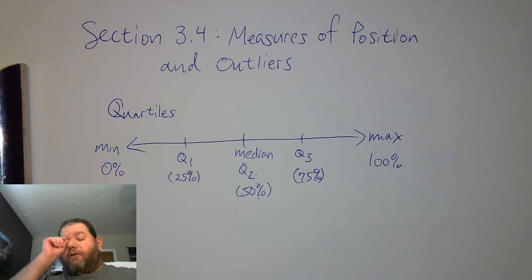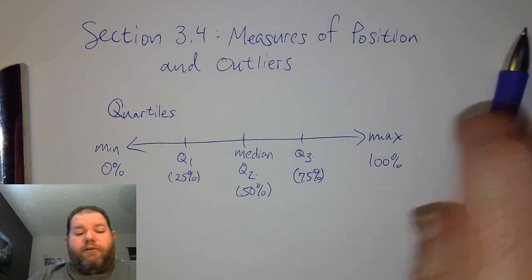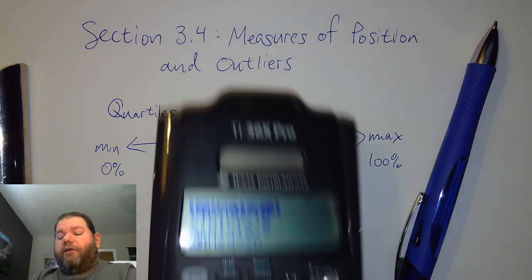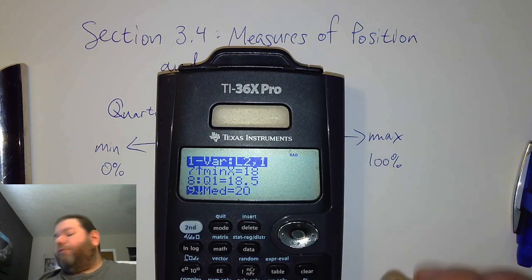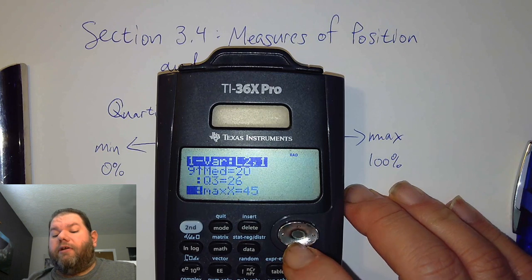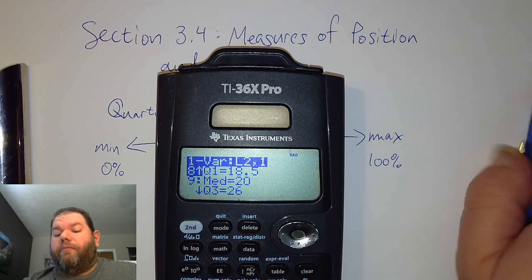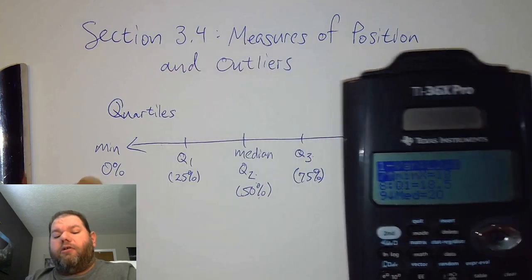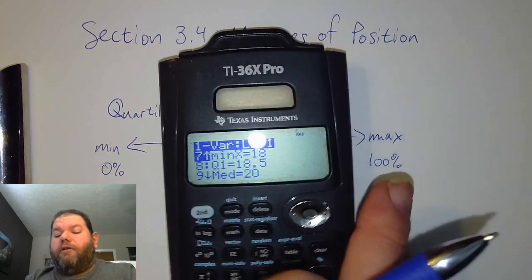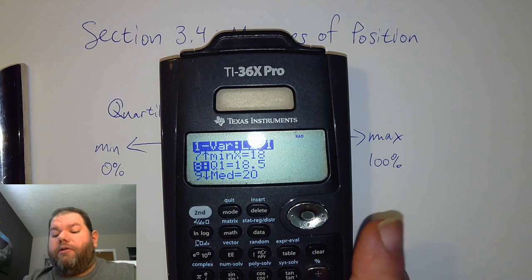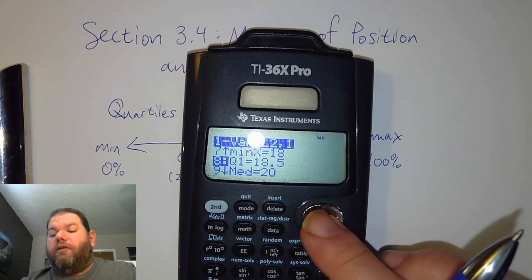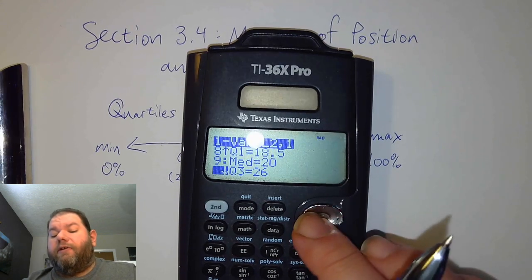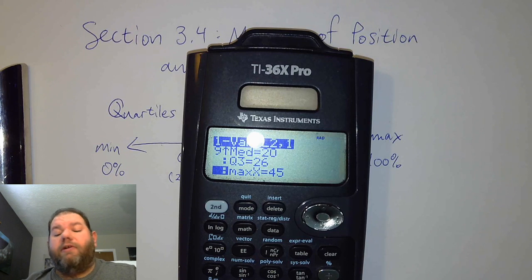Now we already noticed, hopefully, going back to the calculator, when we got all that data before, it started with the minimum, or 0%, the left value. Then we have Q1, 25th percent, median, 50%, Q3, 75th percent, and the maximum, 100%.